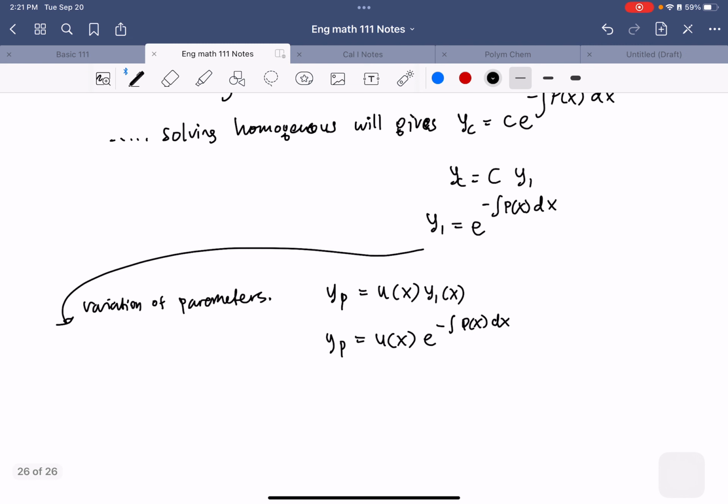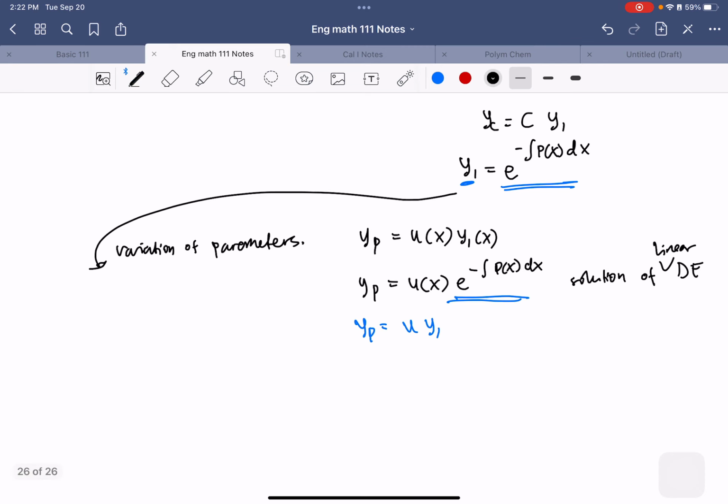We want to make sure that this is a solution of the linear differential equation. To make it easier, let's just make this part y1, so u y1.